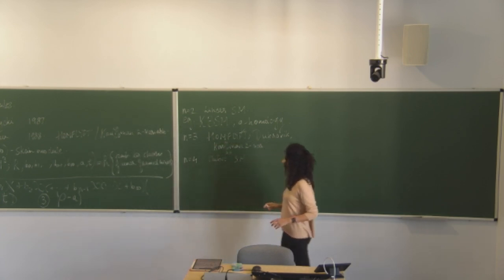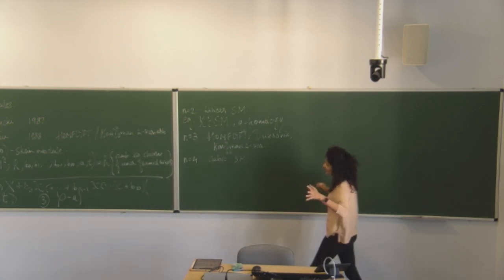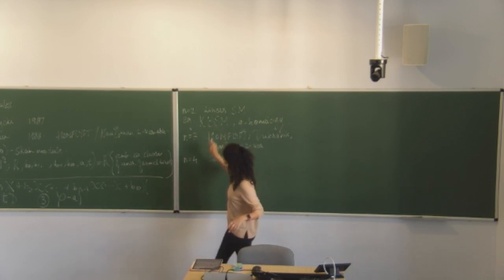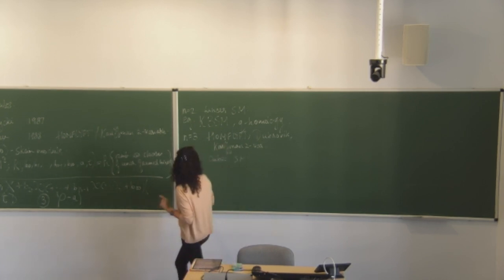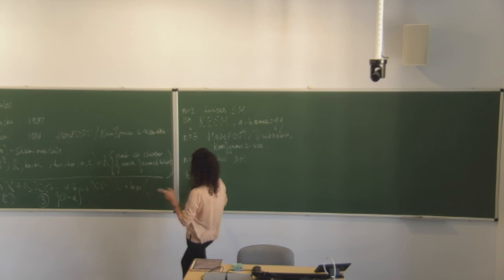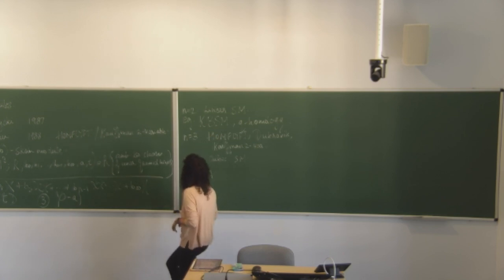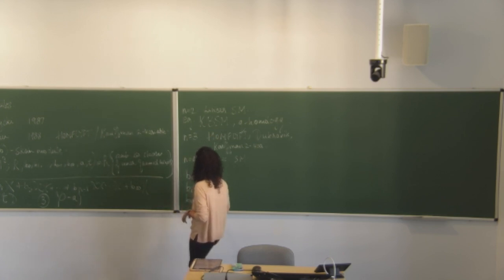skein modules. Okay, so let's see how do we get the Kauffman bracket skein module from here. So let's see if I get the substitution right. So if I want the Kauffman bracket skein module, b0 should be minus a. b1 should be 1. b infinity should be minus a inverse.